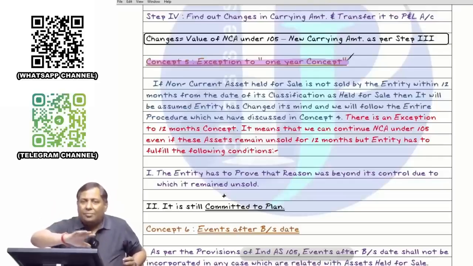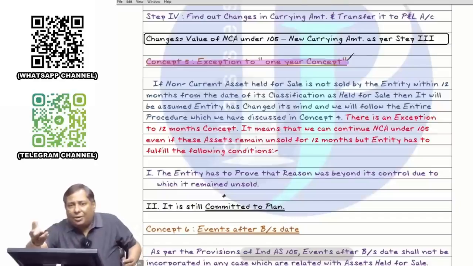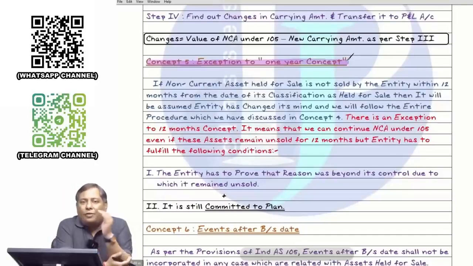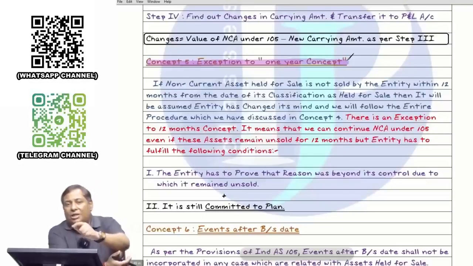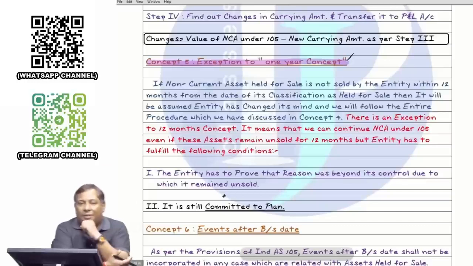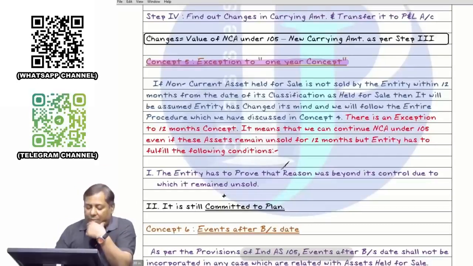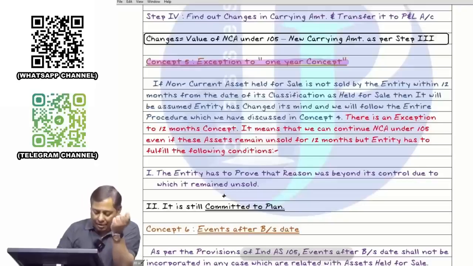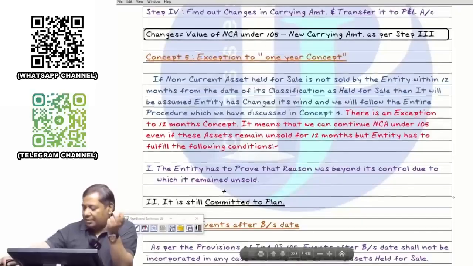If the entity is able to convince the auditor about this matter, then they can stay in 105. But if they cannot convince them and 1 year has passed, then apply change in plan and send it back. Because the process should have been completed within a year, I told you this. Then we were on concept number 6.